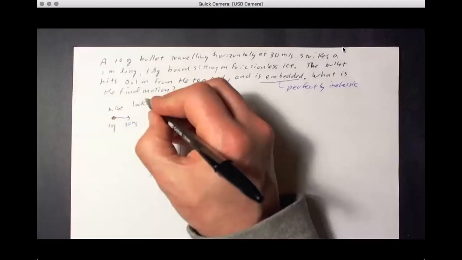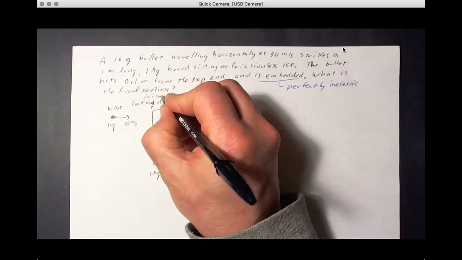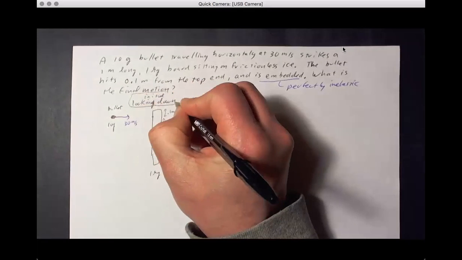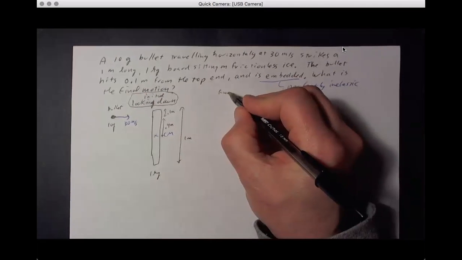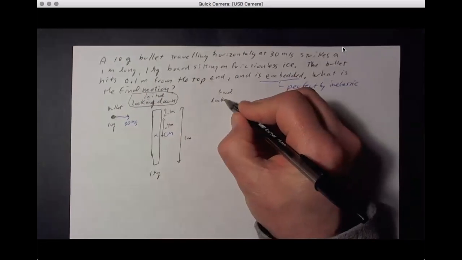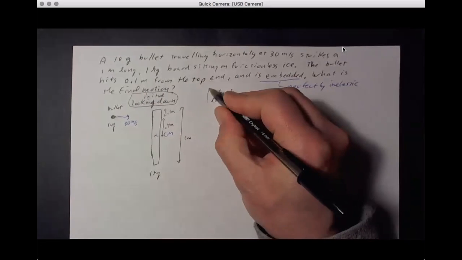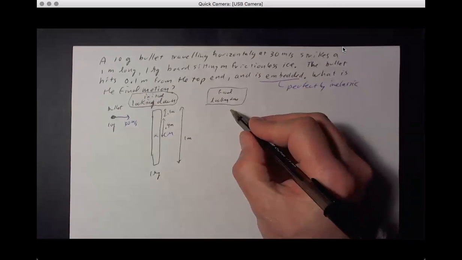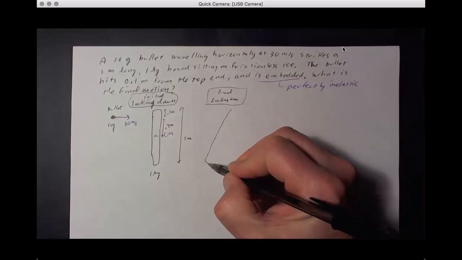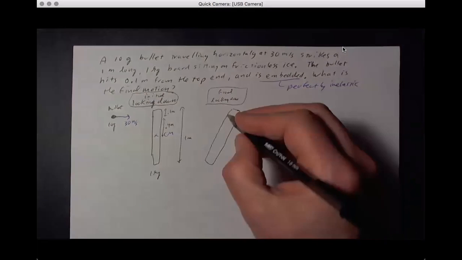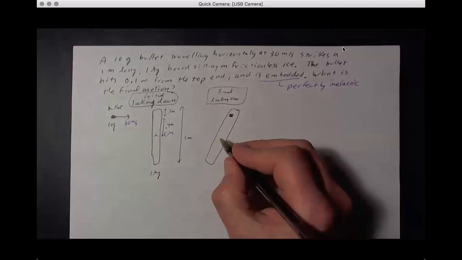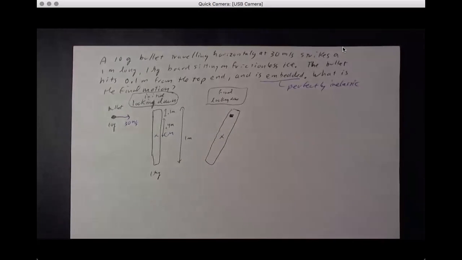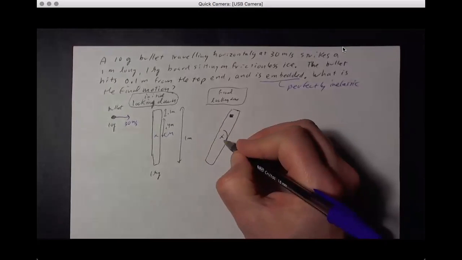So this is the initial looking down, and the final looking down is going to be something like this. The bullet's going to be embedded in here, and since it's on frictionless ice, it's going to be rotating about the center of mass this way.